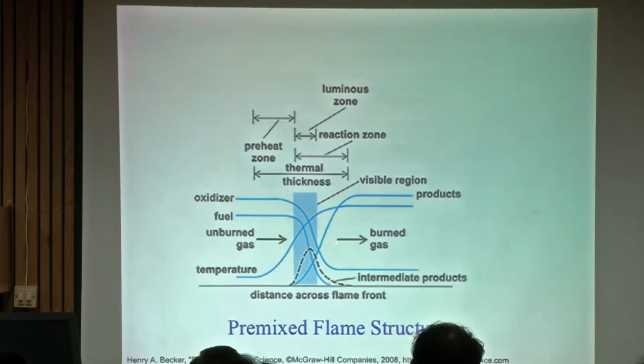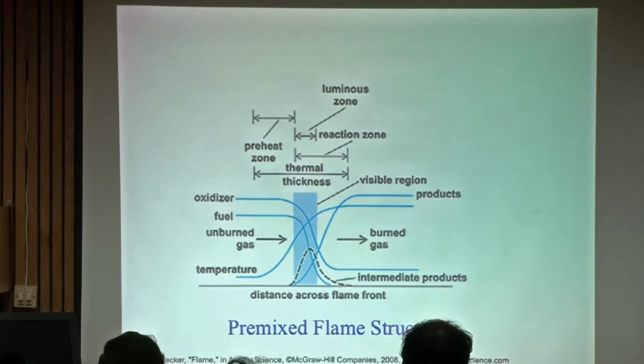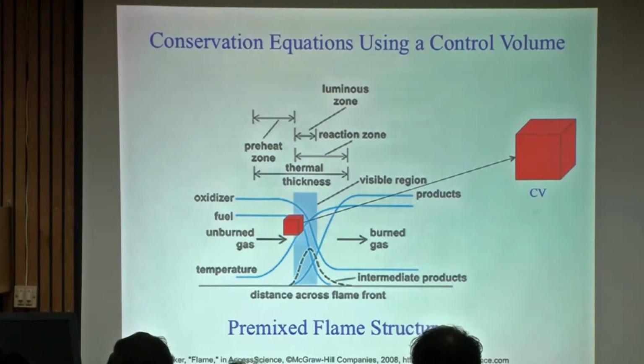Now, to develop the governing equations, in any reacting flow, this is just an example, you take a very tiny control volume. To develop the equations, I will take a small control volume and then consider the conservation of mass, momentum, energy, and species in these control volumes.